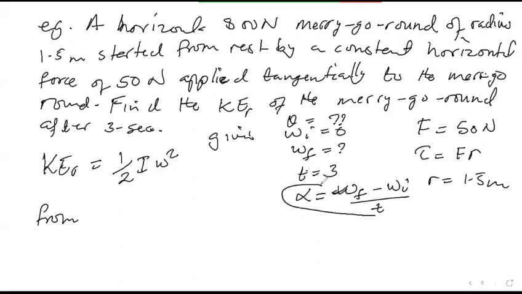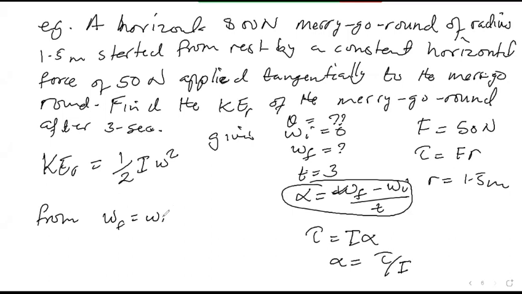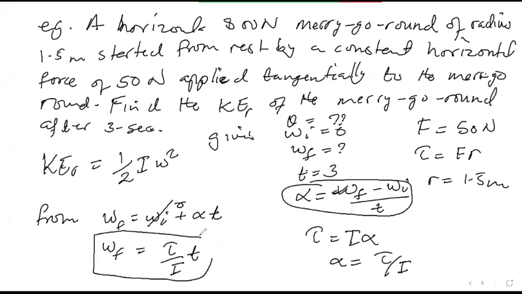So instead, we can use torque is equal to I multiplied by alpha, so that alpha is equal to torque divided by I. And therefore omega final is equal to omega initial plus angular acceleration times time. Omega initial is 0, so omega final is equal to torque divided by I multiplied by time. This is how we find omega final.